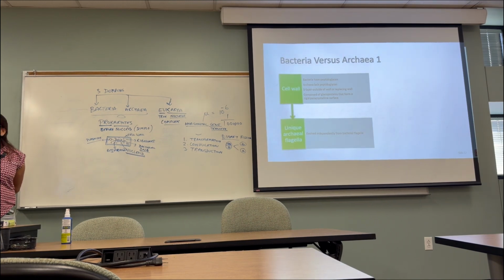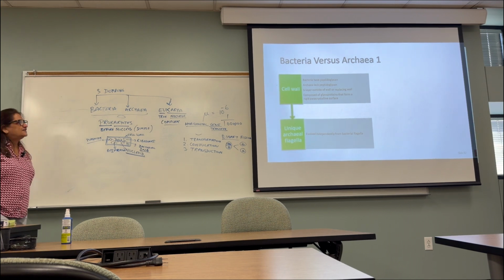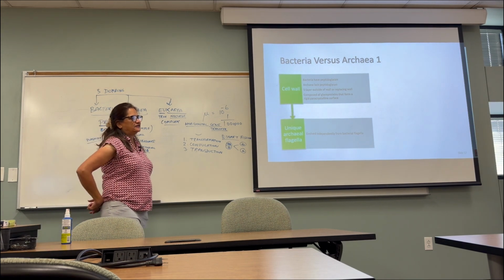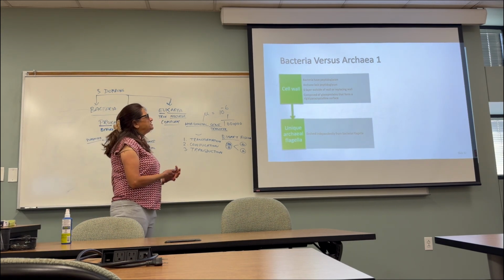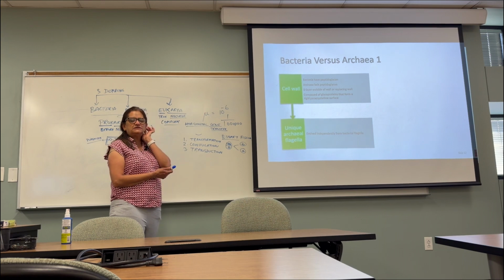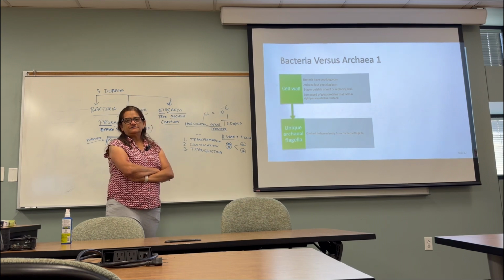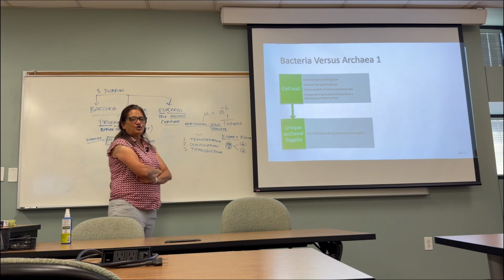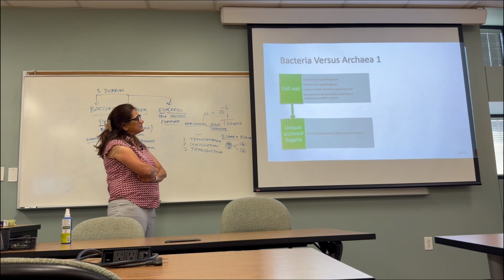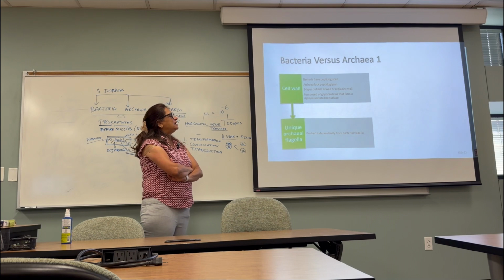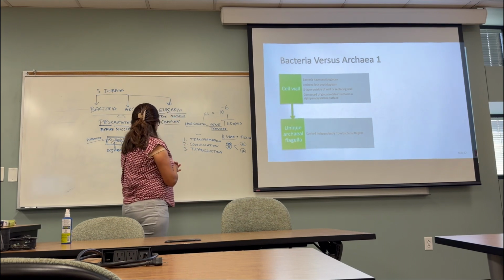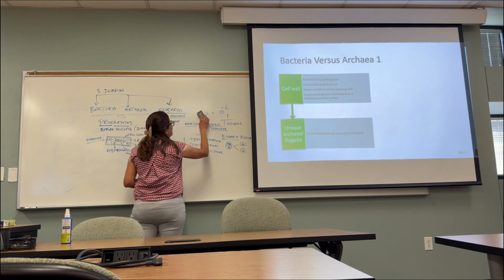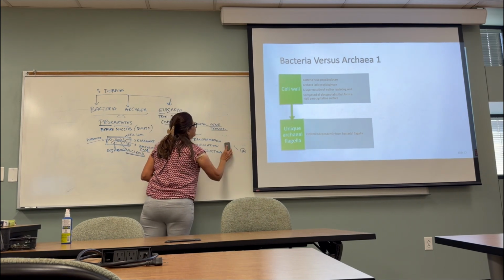Now, another difference is that the archaeal cell wall does not have peptidoglycan, whereas the bacterial cell wall is made up of peptidoglycan. What is peptidoglycan? Glycan means sugar, and peptido means protein. In bacteria, the cell wall is always going to be made up of peptidoglycan.